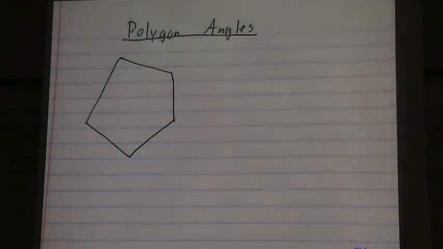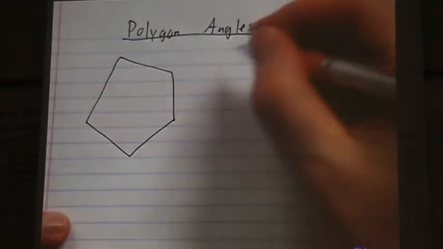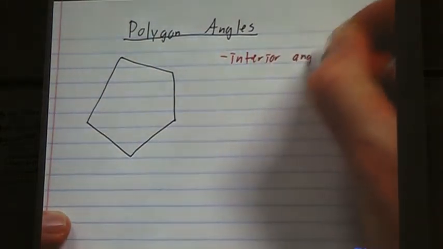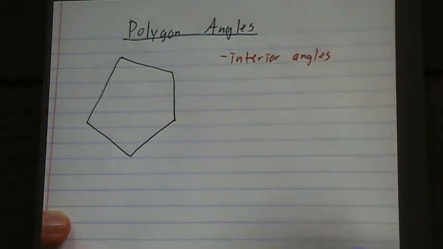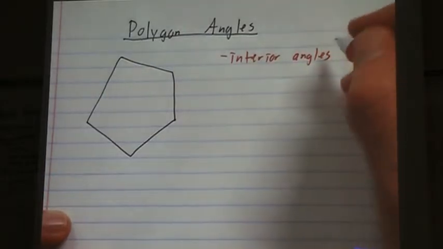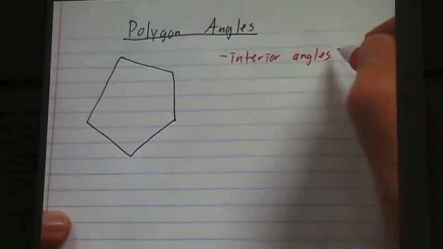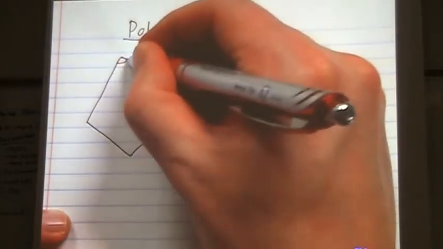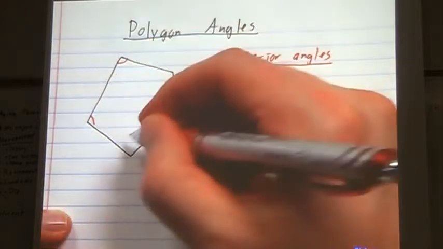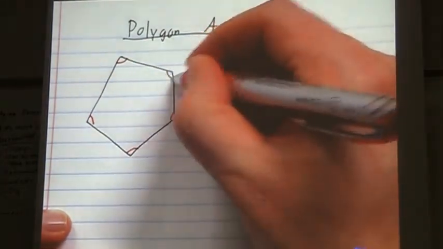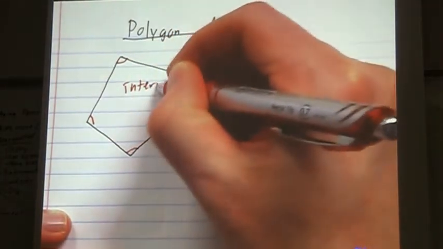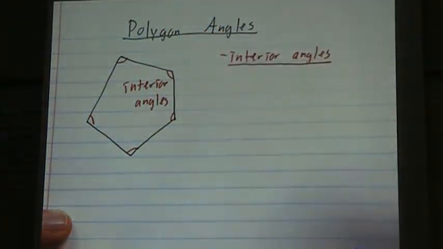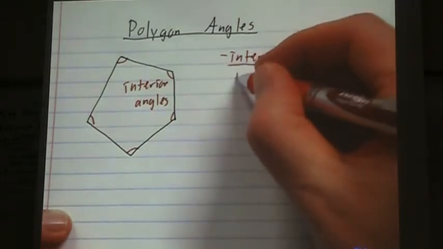You've got interior angles and exterior angles. We're going to talk about interior angles most today. Interior angles, these are inside. These guys are all interior angles. And interior angles increase as more sides are added.